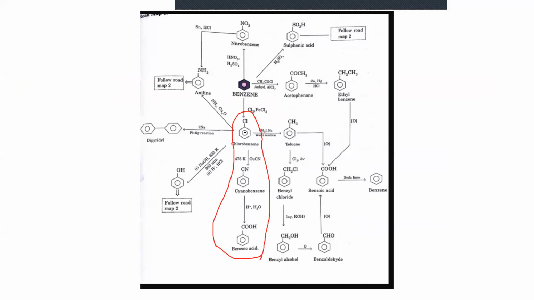So what they have done is the Cl in chlorobenzene is converted into cyanide. Cyanide on hydrolysis gives acid. In the previous video we discussed that cyanide can be converted into acid easily. So this conversion, chlorobenzene to benzoic acid, we will discuss.